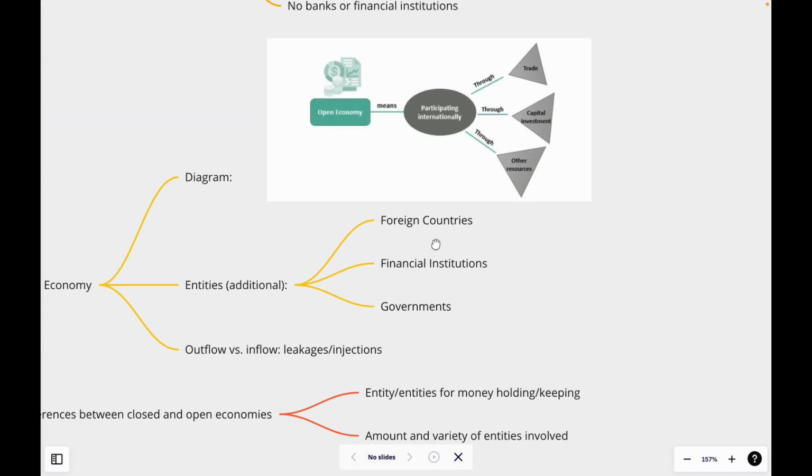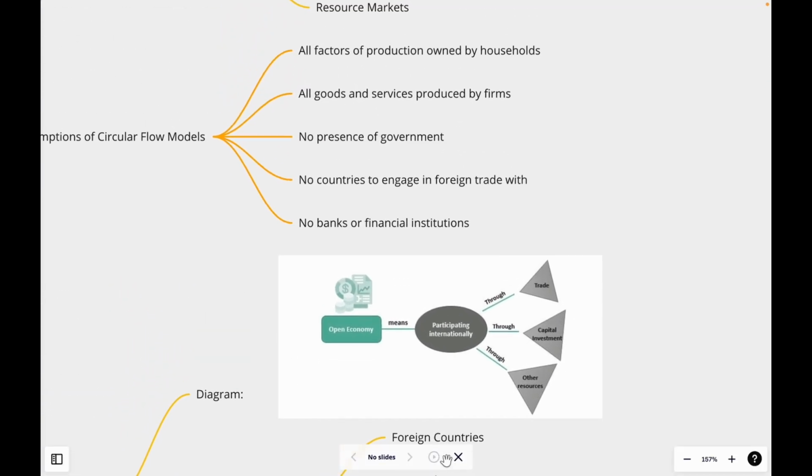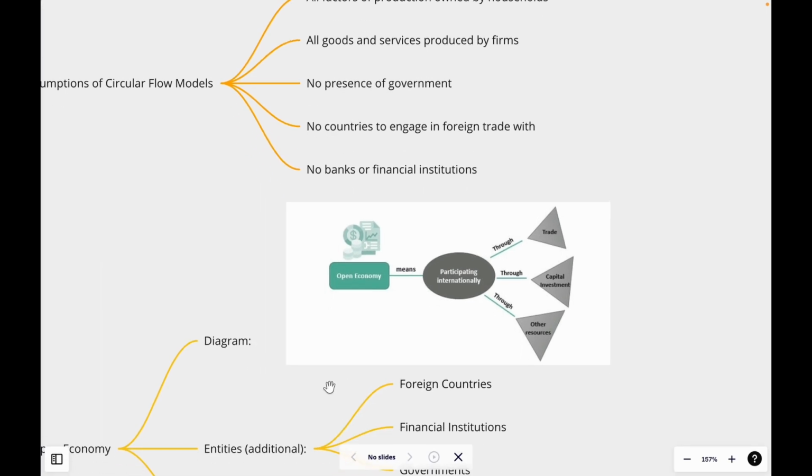Now, the same as with the closed economy, there are also some assumptions. The assumptions that are included in this model include: households own the factors of production. Firms produce goods and services. This sounds familiar because it is the top 2 assumptions made by the closed economy model. But thirdly, the government collects taxes to provide public and merit goods to society.